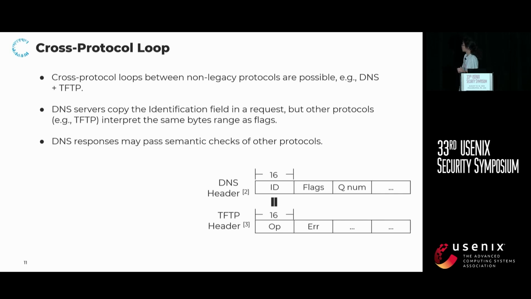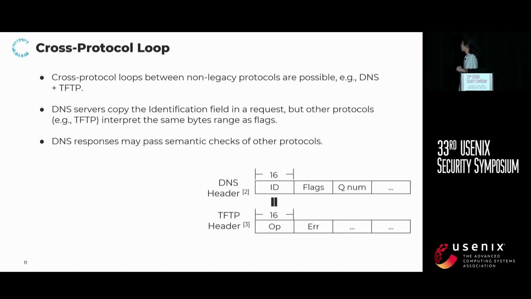As you can see in the header here, the DNS header uses the first two bytes as the identification field, and the DNS server will always copy the identification from a DNS request. This actually makes a difference because the same byte range is used for other purposes in other protocols.